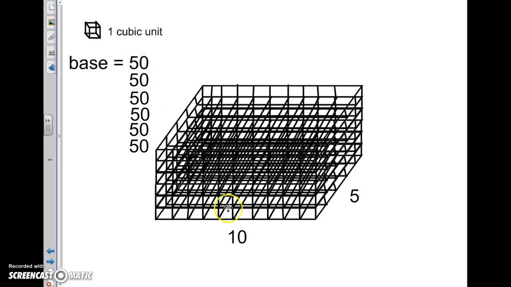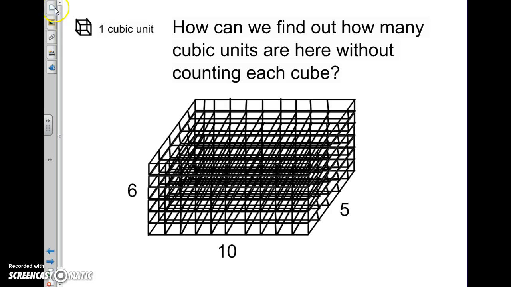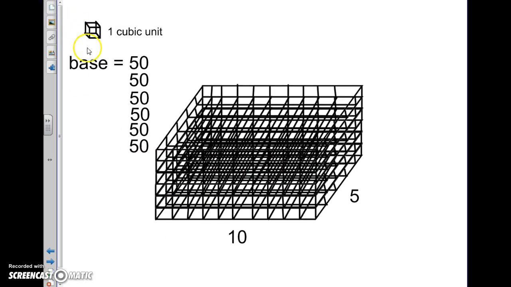So all I need to do to find out what's in this entire rectangular prism right here is add up each of these layers. So I've got 50 plus 50 is 100, plus another 50 is 150, 200, 250, 300. If the height was only 1, it would have been 50, but the height was 6.